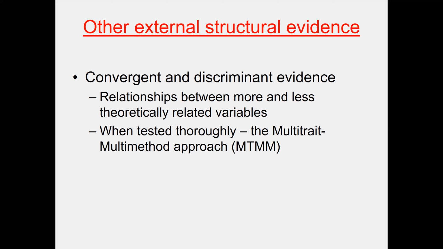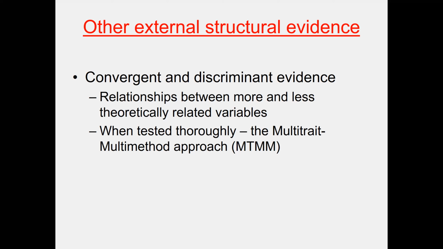Now, they won't be completely similar because there are what we call method effects. So if one of them is vignette-based, that might be a little bit more obscure. If it's Likert-based, it might get some superficial answering, who knows, but they won't be perfectly related, but they should be highly correlated. And then you're going to have less theoretically related variables.